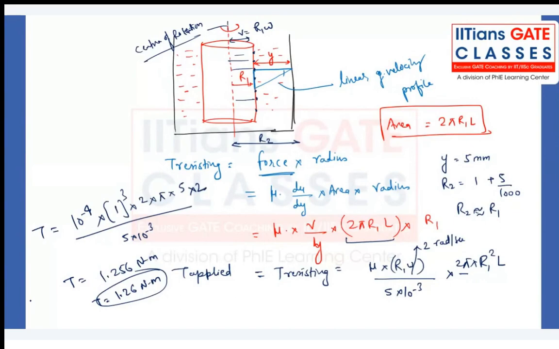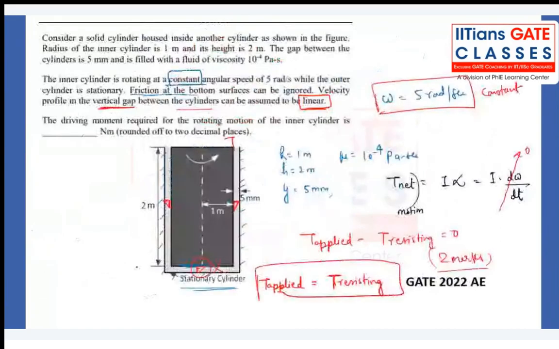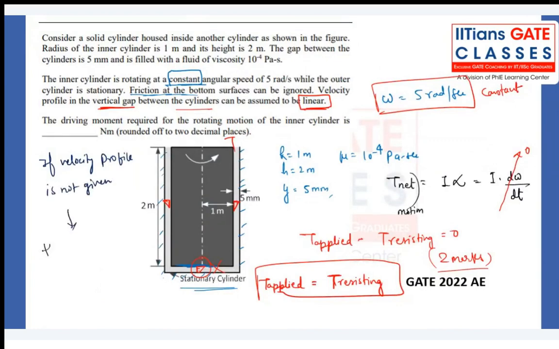See, when they have not given anything about the velocity profile, remember, for this case I'm talking about, if the velocity profile is not given, then it's a hyperbolic variation. They can ask this in an MCQ question, right?